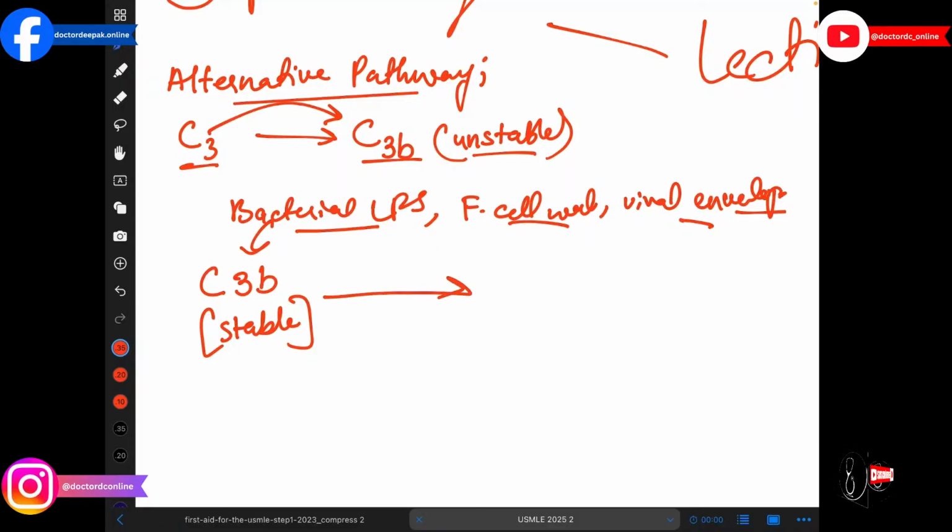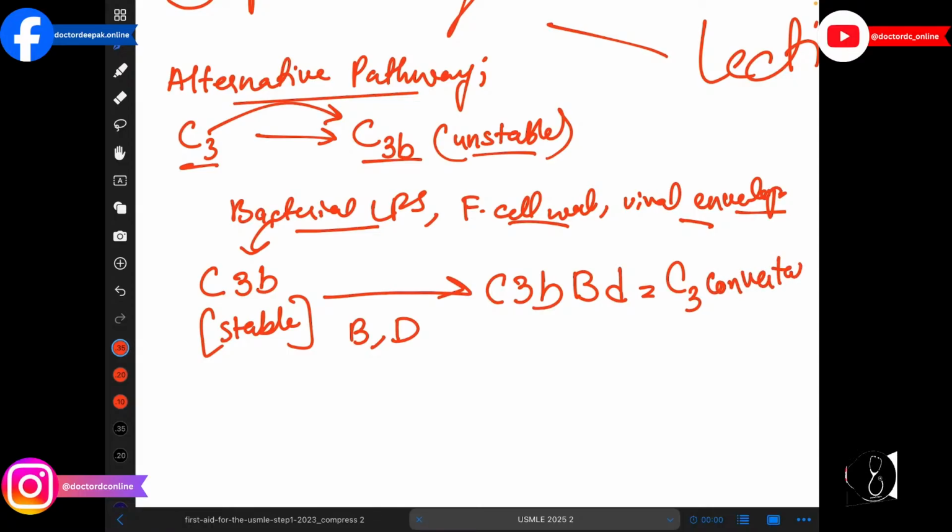When it becomes stable, it binds with complement proteins B and D, and this forms one complex, C3bBb. It acts as C3 convertase. This enzyme results in stable C3b that can convert more C3 into stable C3b.